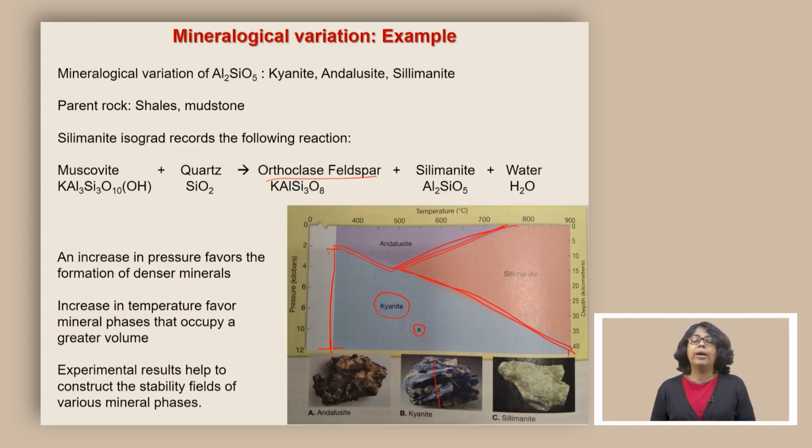Let us take a look at some of the types of metamorphism that we already know. Let us say contact metamorphism. For contact metamorphism, we know that it encounters relatively low pressure, but high temperature. In those cases, we will expect formation of andalusite, because andalusite in general has a low pressure range, but a high temperature range.